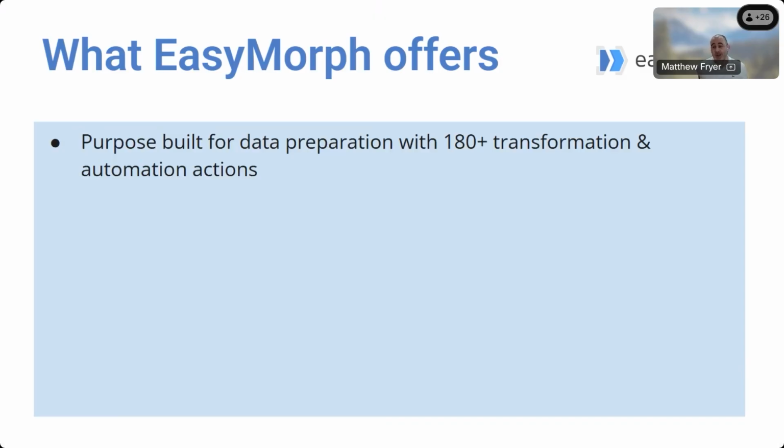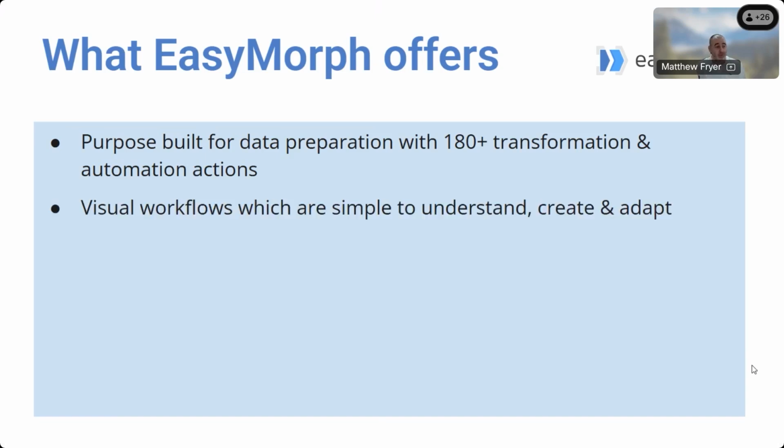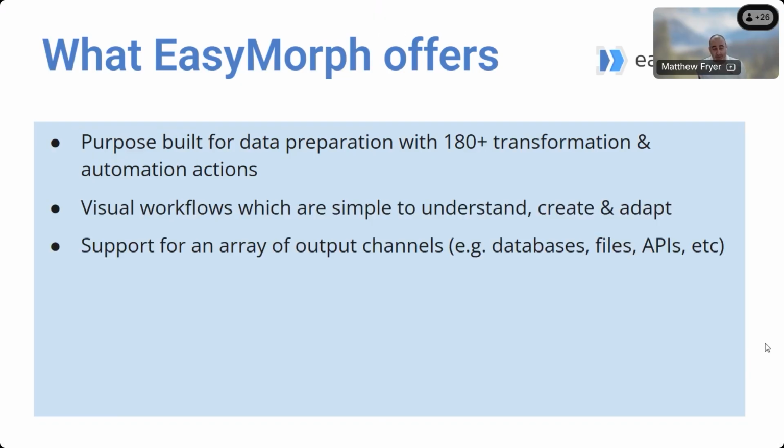And we have more than 180 different actions, many of which have huge numbers of things they can do, which means that almost anything we want to do with data, we can handle inside EasyMorph workflows in one system, in one technology. Visual workflows, again, they're very easy to understand, they're easy to create, and they're easy to adapt when need be. Those business owners and those business people no longer don't understand the process, but they can see it, they can be involved in creating it and modifying it when need be.